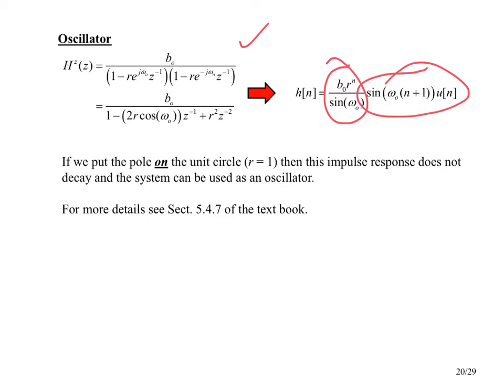We could just create an n vector, keep incrementing our n, multiply n times omega 0, and compute sine or cosine. But that would require actual trigonometric operations in our computer. This would be a very easy way to do that without having to do trigonometric computations.